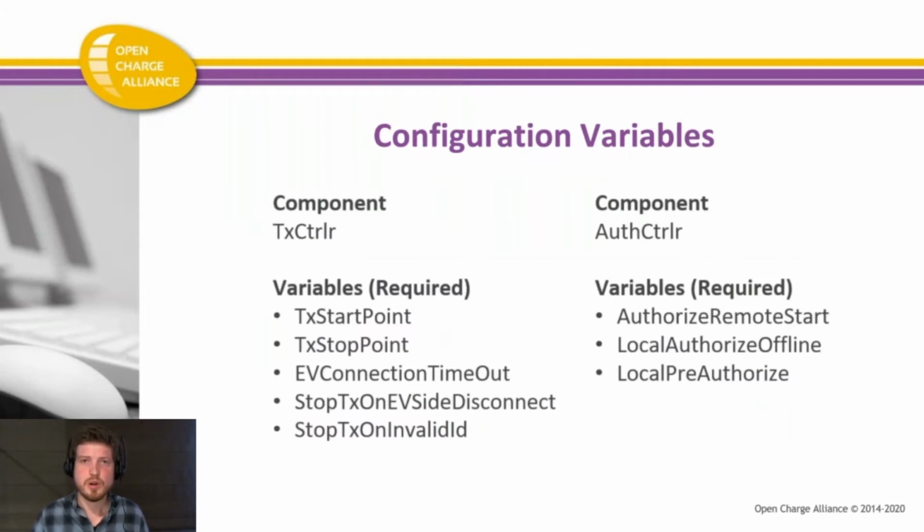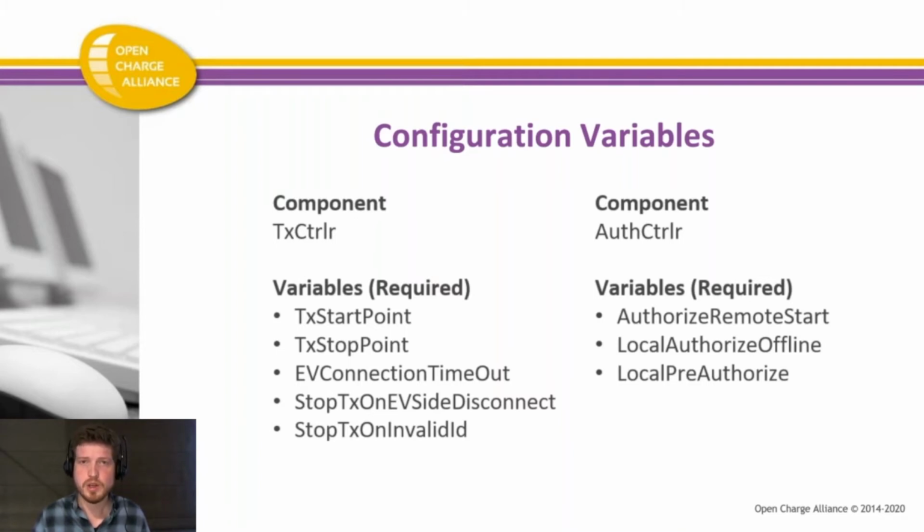These are the two components I want to talk about. The left one I already mentioned, and the right one is the auth controller. This contains all configuration settings for the authorization, which is also important for the transaction mechanism. The Tx controller also contains the TxStart and StopPoint I already talked about.